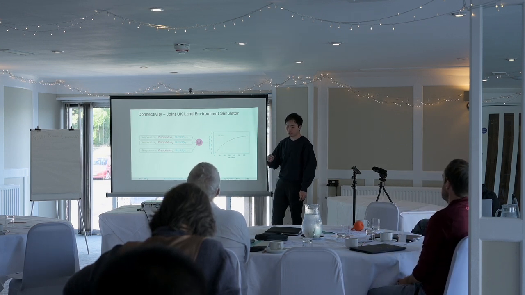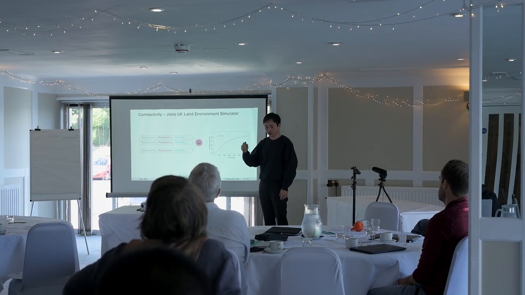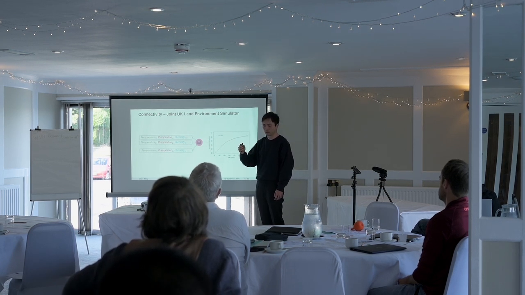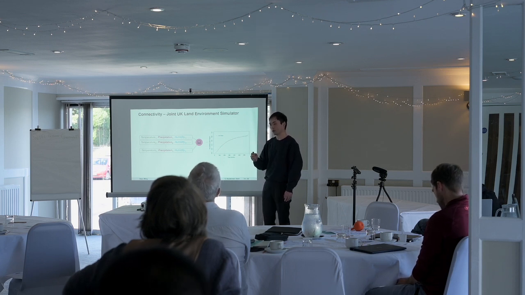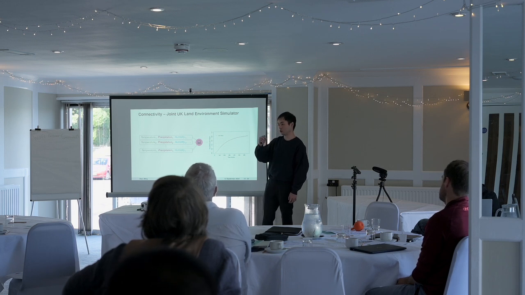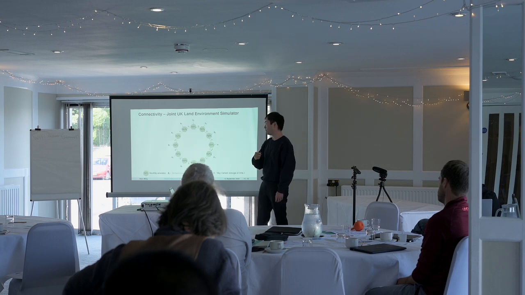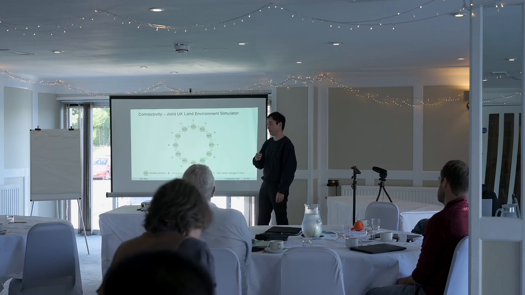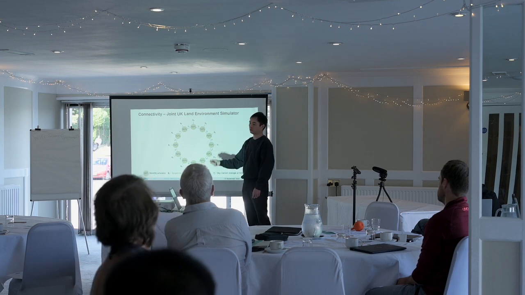If you think about the mechanism of the JULES simulation, it basically simulates the carbon storage at every time step. So what we can do is to treat every time step's input and output as a single emulator, and then this time series can be emulated or represented by going through these circles.